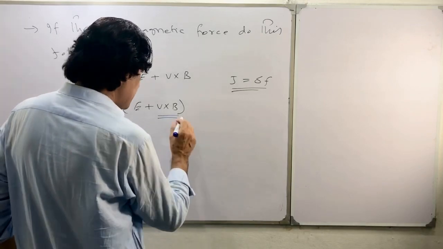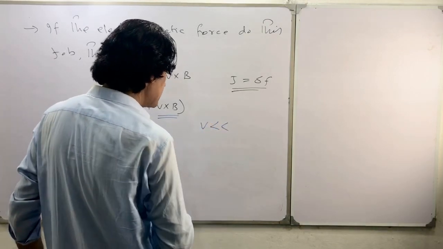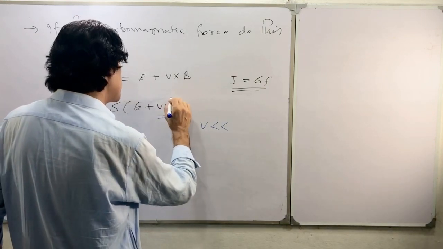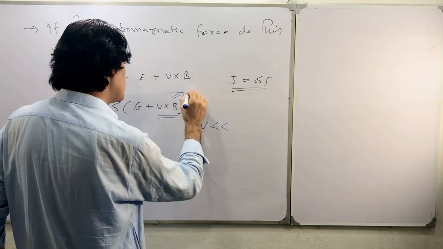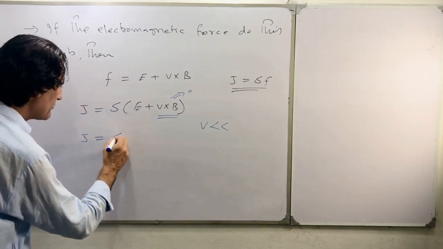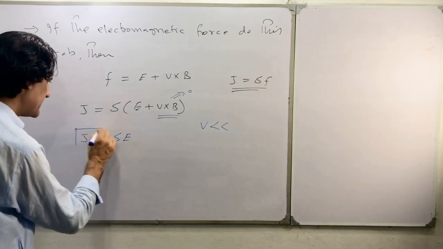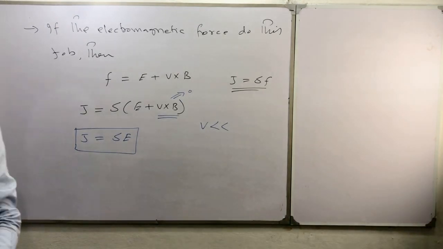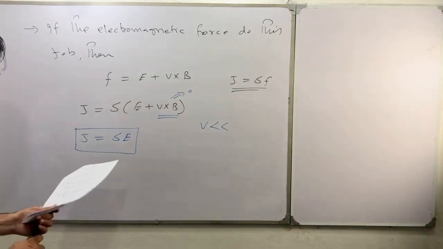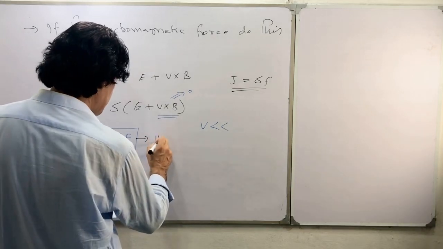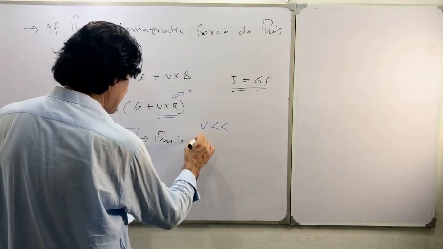So V cross B goes to 0, and then J will be equal to sigma E. This is the current density, and this is the discussion in this chapter.